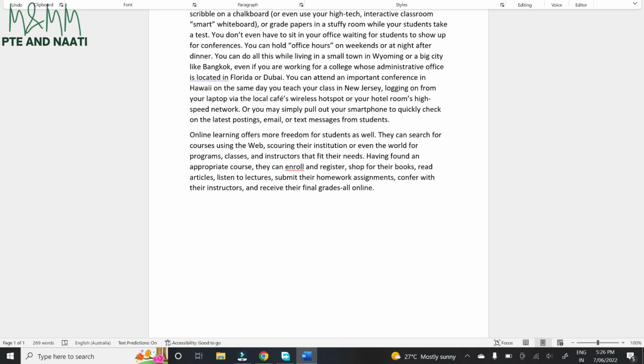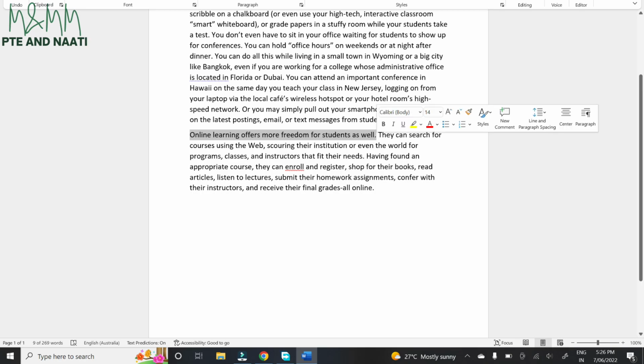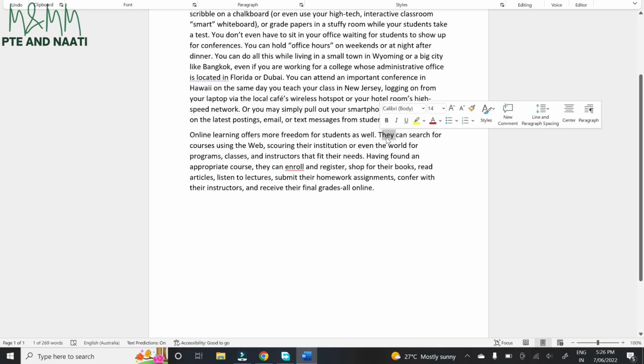So I hope you would have figured it out that in this paragraph, the main idea is again the first sentence, which is online learning offers more freedom for students as well. Because after that, the biggest hint here was the word they. Now they means they're referring back to something else because it's a pronoun. They is replacing students over here, because here it says more freedom for students as well.